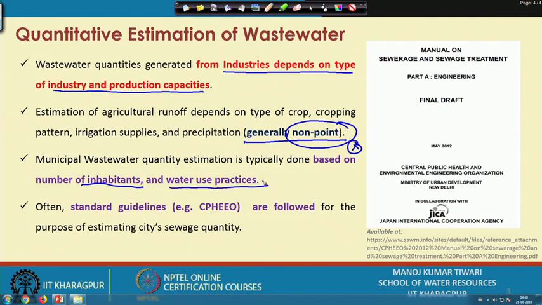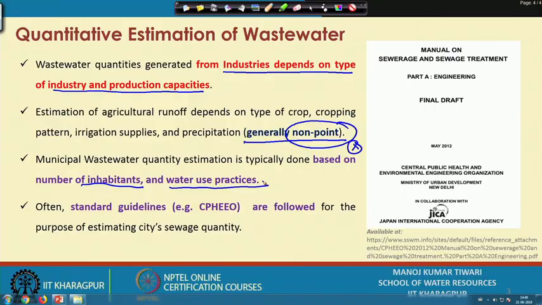The main point of bringing in water use practices is how much water is consumed by a person. So, if I am consuming, let us say, overall 100 liters of water a day, I am likely to release 100 liters of wastewater in a day, from all my activities: bathing, cooking, cleaning, all activities.